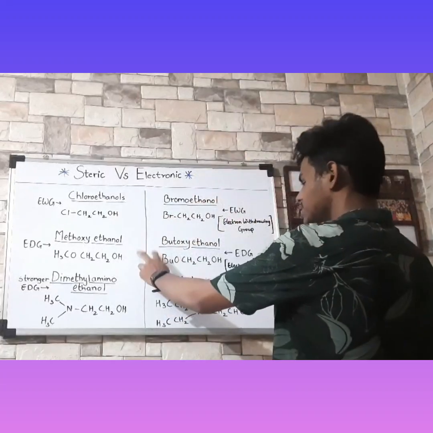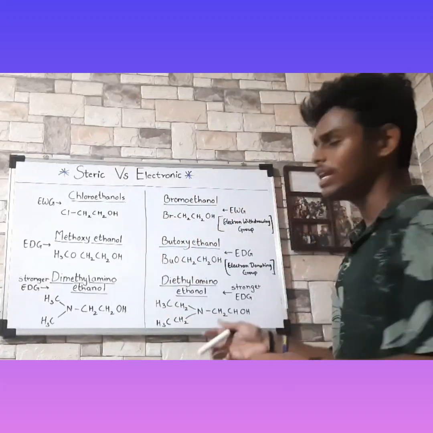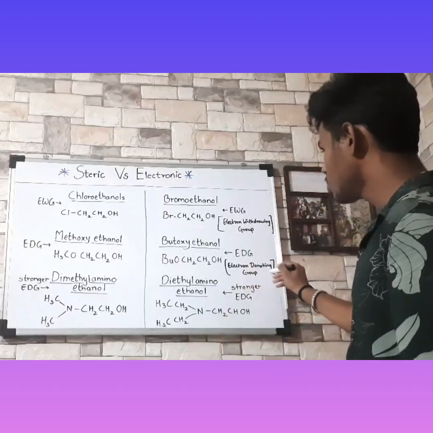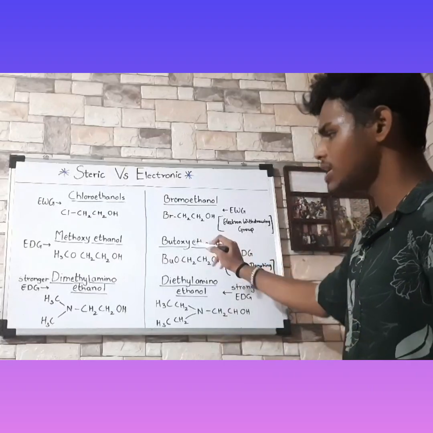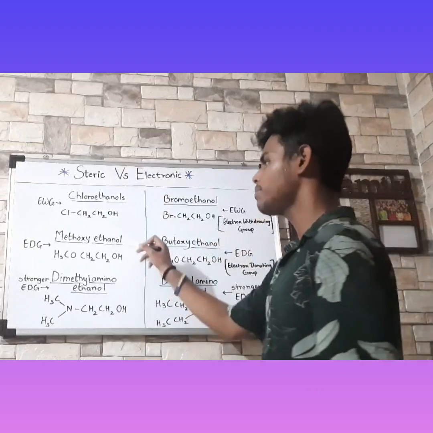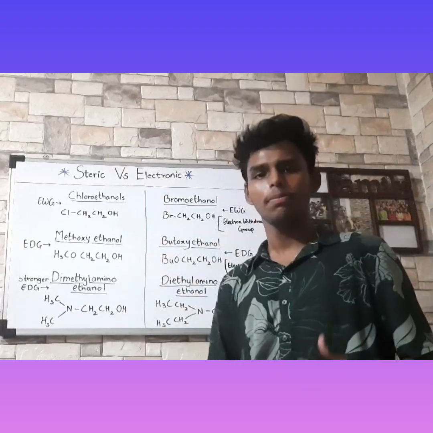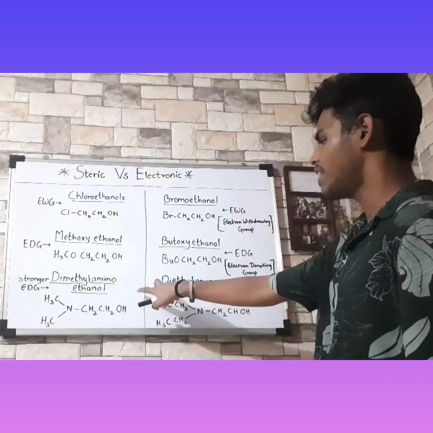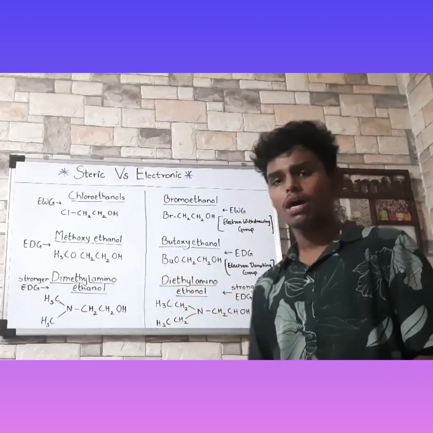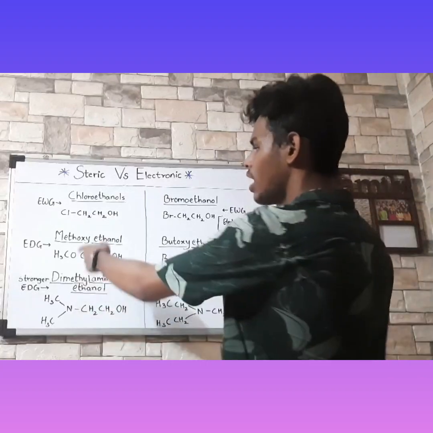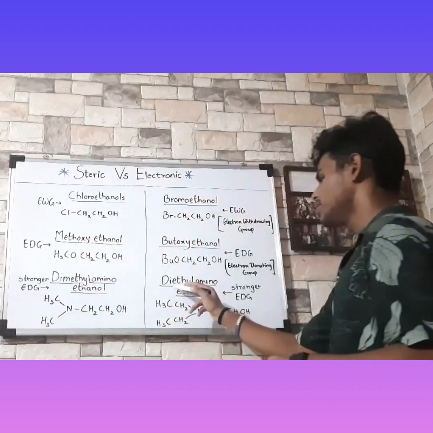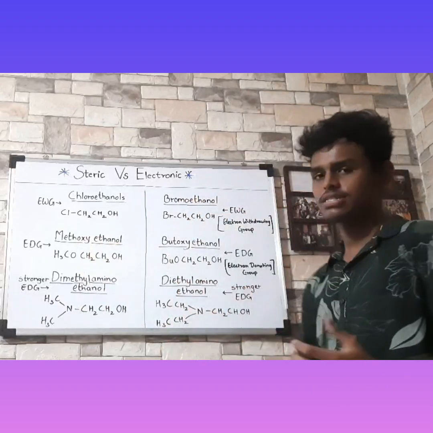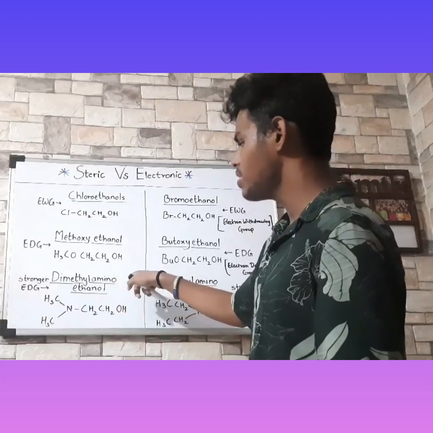Whereas in this case we have these two ethanols where both are EDGs known as electron donating group, where butoxyethanol is sterically more hindered than methoxyethanol because of the bulky butyl group. In this case we have these two ethanols which are comparatively stronger EDGs than the other two. Here, diethyl aminoethanol is sterically more hindered than dimethyl aminoethanol. Further, my colleague Ankur will carry on.